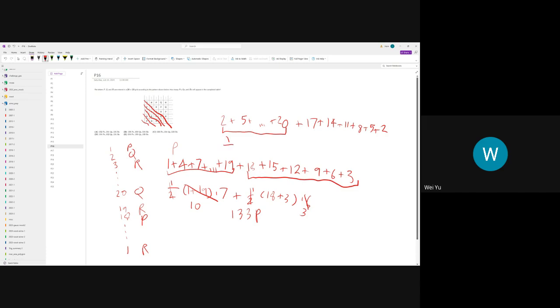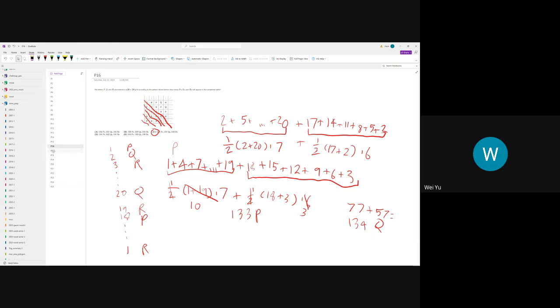So this is half of 2 plus 20 times 7, and this is half of 17 plus 2 times 6. Again, we can just do lots of cancellation. So it's just 77 plus 57, which is equal to 134 Q's. So we get that the answer is C.